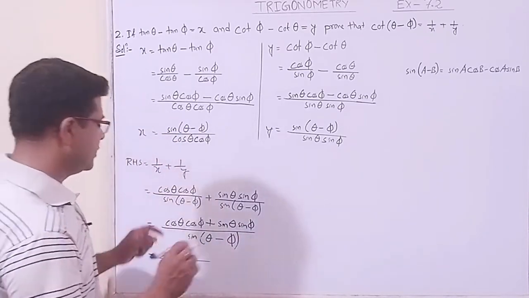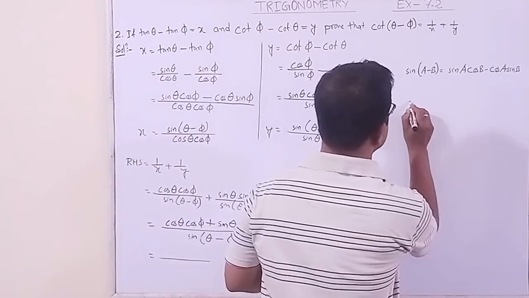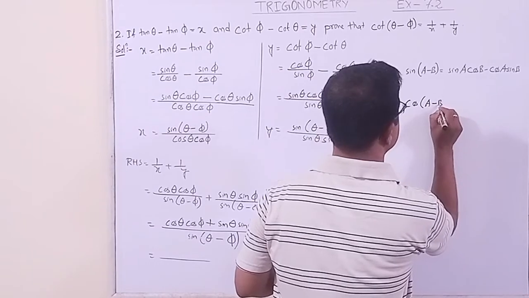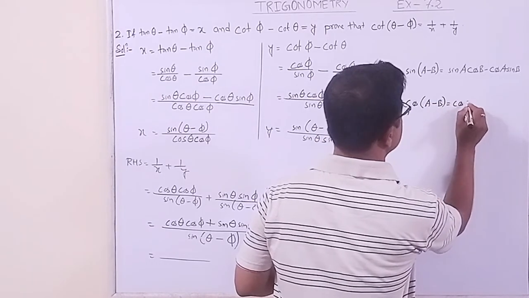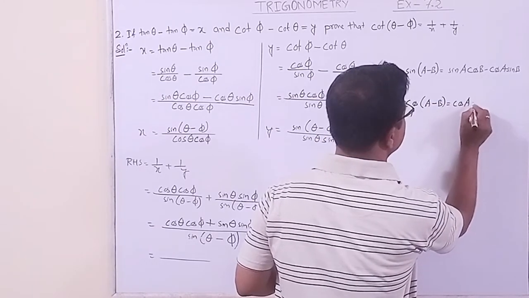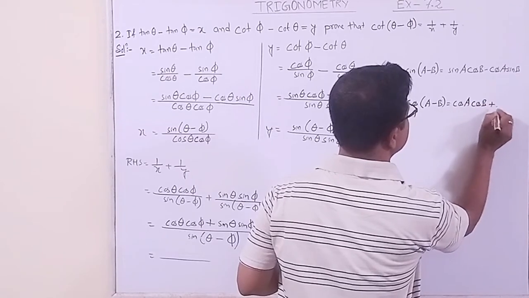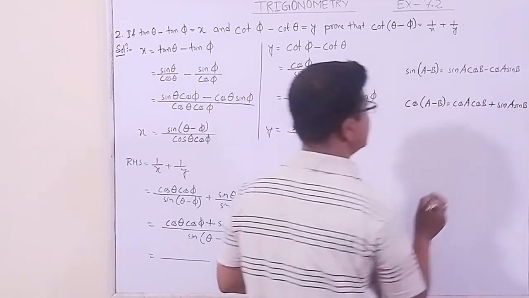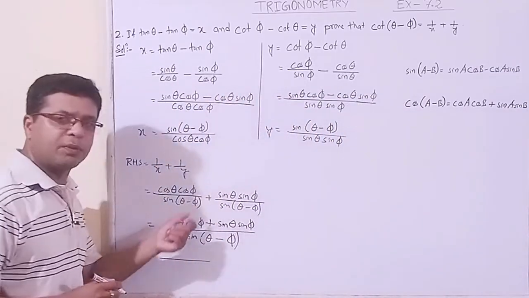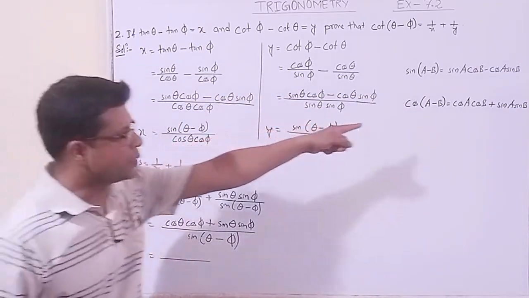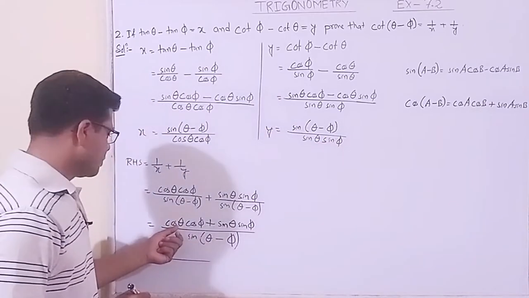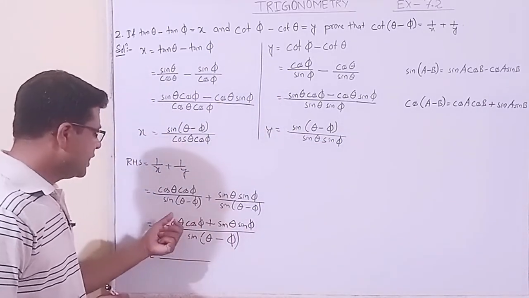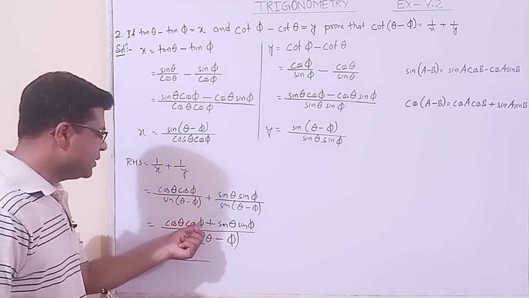What is the formula? Okay, I am writing the formula. What is cos of A minus B? Can you remember? It is cos A cos B plus sin A sin B. I think you can remember this formula. Again, this is in this form, isn't it? Cos A cos B plus sin A sin B. Only difference is that here A means theta, B means phi.